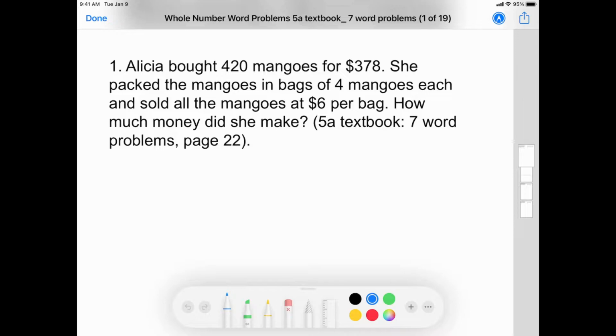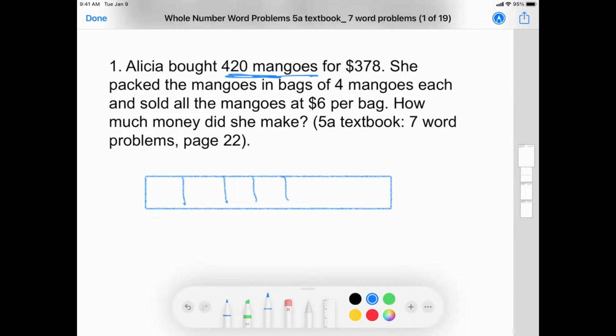So what you can do here is draw yourself a picture. I'm just going to draw this rectangle here, and I'm not quite sure how many bags of mangoes we have.